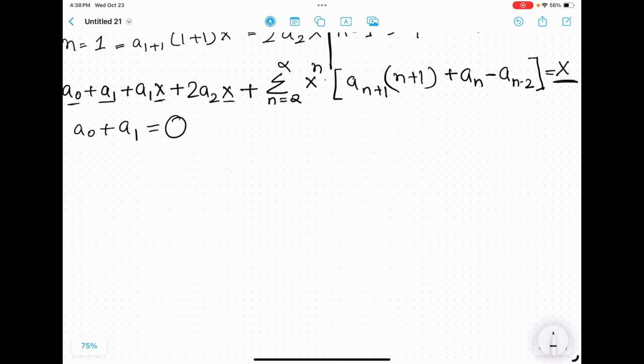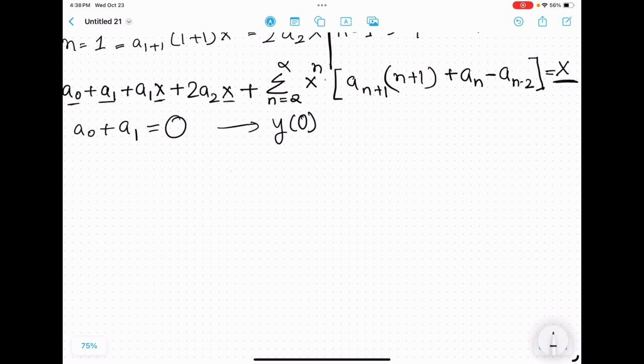Now, in our previous videos, we have seen that my a sub 0 is mostly arbitrary. That means it could have any value, and this value can only be determined if I was given an initial condition in solving these differential equations. Basically, a sub 0 can only be determined if I was given y of 0.